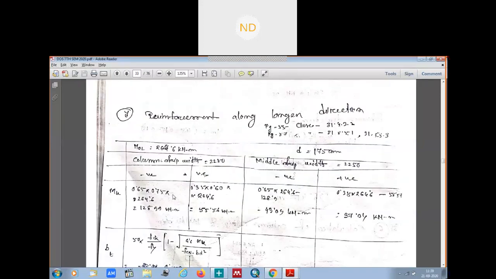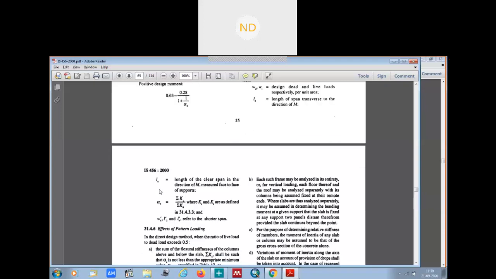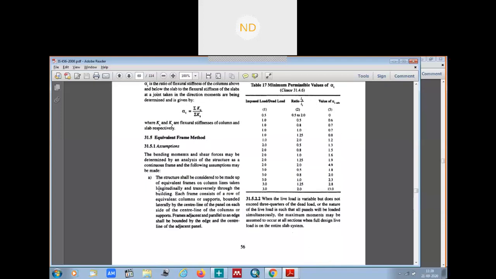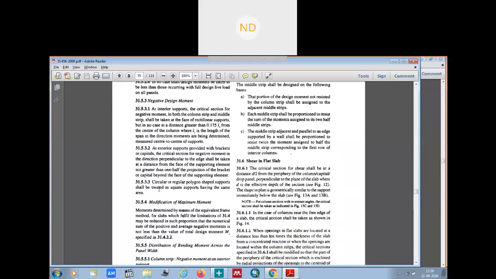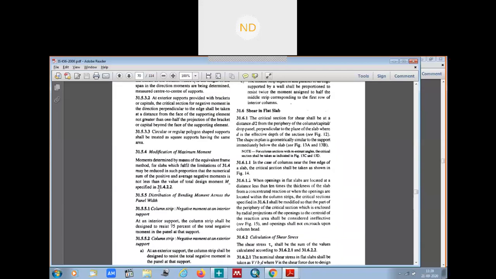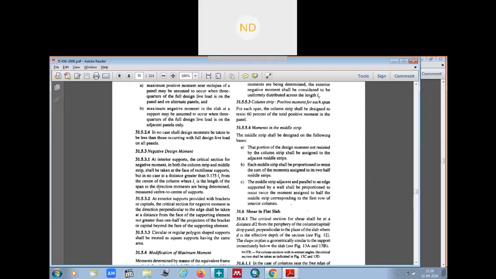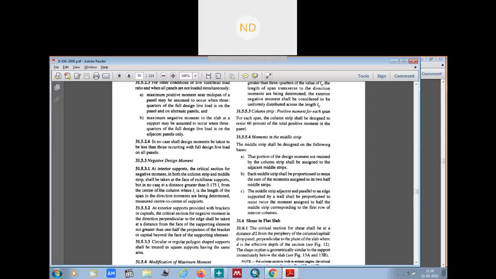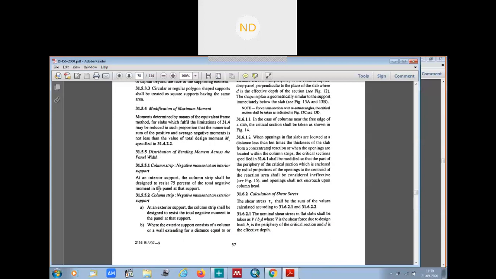And then what is your 0.75? To find the 0.75, you have to go to page number 57. Positive moment, negative moment.